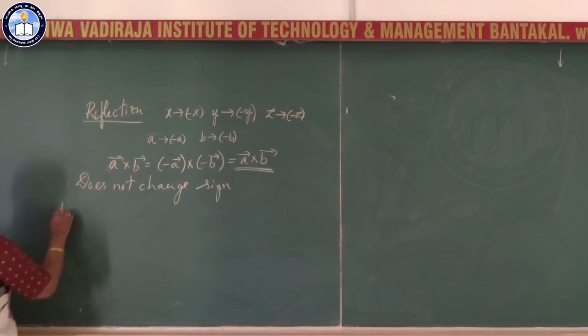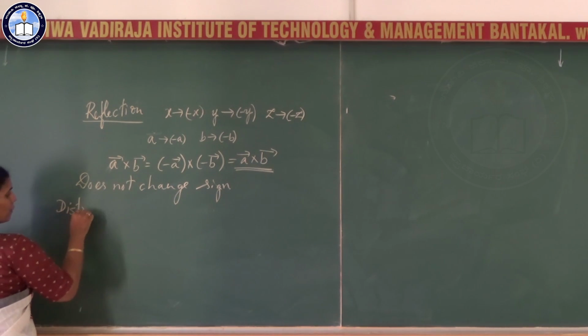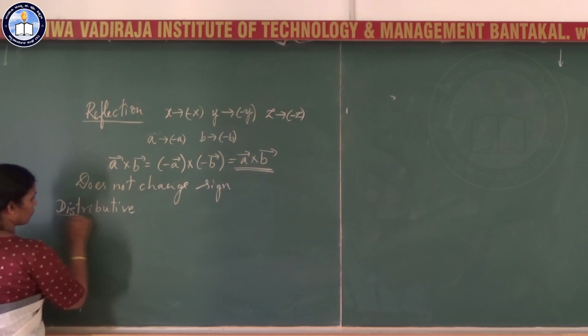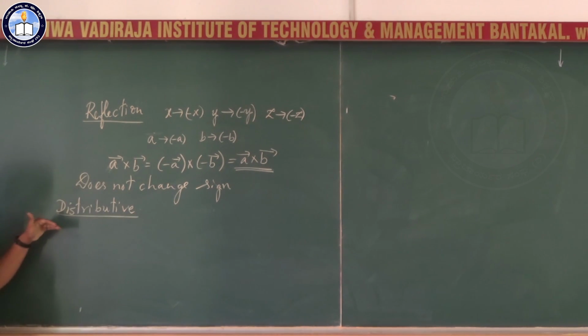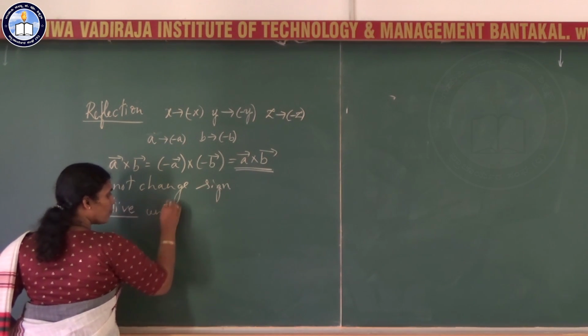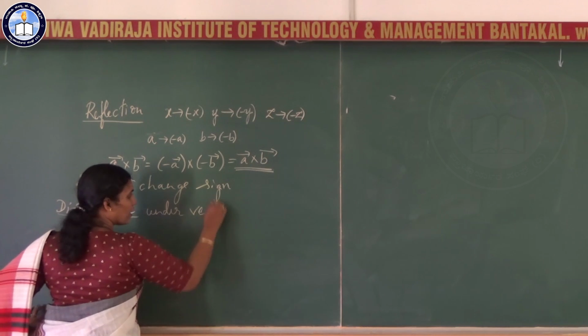Okay, what about distributive property under addition? Another property of your vector multiplication, or vector product, is distributive under vector addition.